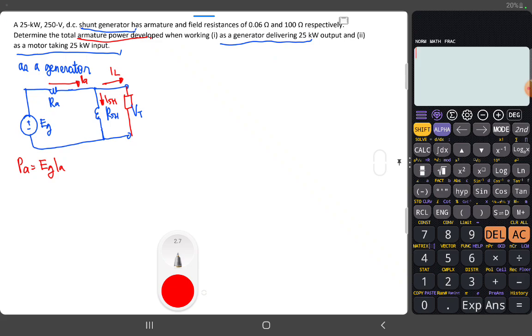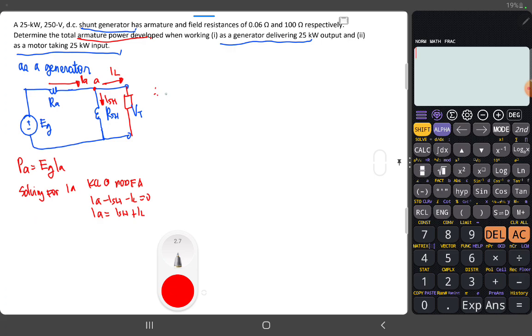In order to solve for IA, we need to take KCL at this node A. So KCL at node A will have IA minus ISH minus IL equals 0. So IA will be equal to ISH plus IL.